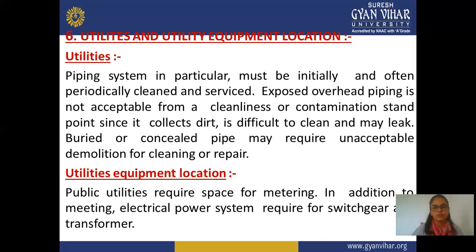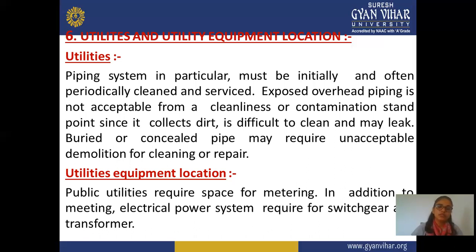Buried or concealed pipe may require unacceptable demolition for cleaning. You should select a proper concealed pipe which is suitable for your formulation, pipes that are easy to clean or handle and don't accumulate this type of dust. So before selecting these pipes, you check all the parameters, whether they are compatible with your formulation or not.